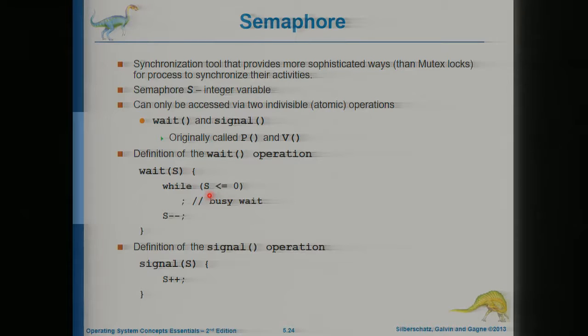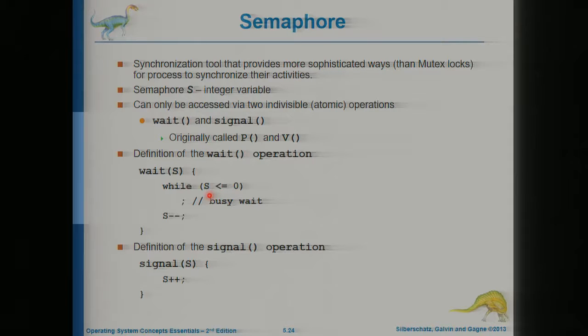If S is positive, that means the resources are available and you can pick one resource and decrement the available resources by 1. Then what does signal do? Signal tells that if we are finished using the resource and we are releasing the resource, then we have to tell the operating system that the resource is available.